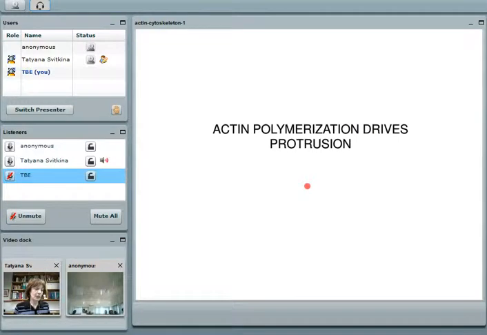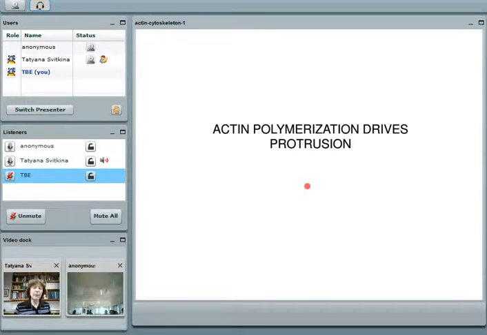So for today I discussed already the kinetics of actin, and pretty much want to discuss how actin polymerization drives protrusion of the leading edge, and today I probably will have time only to discuss filopodia, and for other times I will talk about how lamellipodia protrusion occurs and also how cell contraction occurs at the rear.